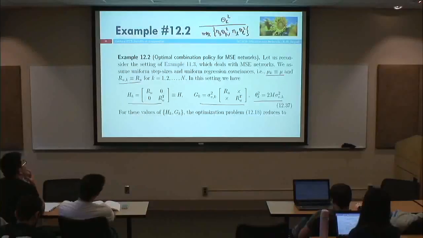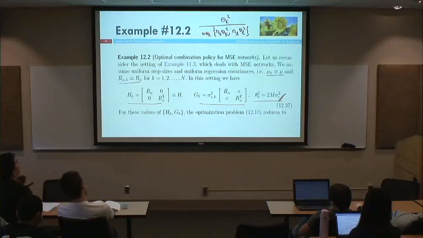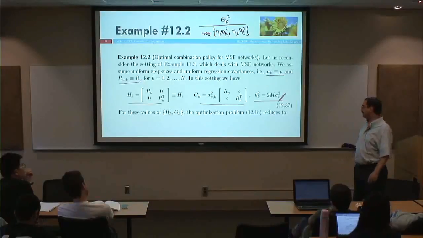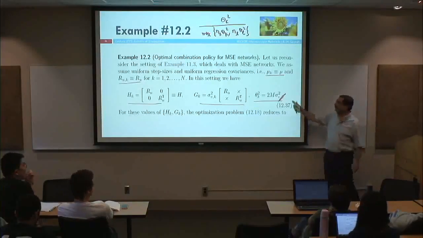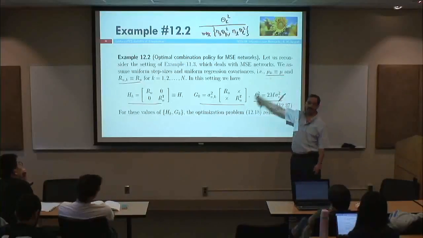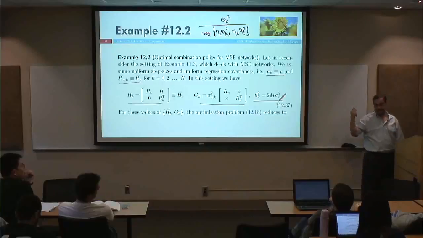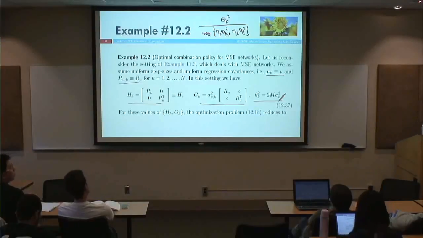For example, if the noise variances happen to be the same across the agents, they will cancel out. You don't even need to worry about them. So sometimes the theta cancels out. You don't really need to estimate it. In that case, if it cancels out, you end up having the Metropolis rule. So the Metropolis rule ends up being an optimal solution in this case. Okay?